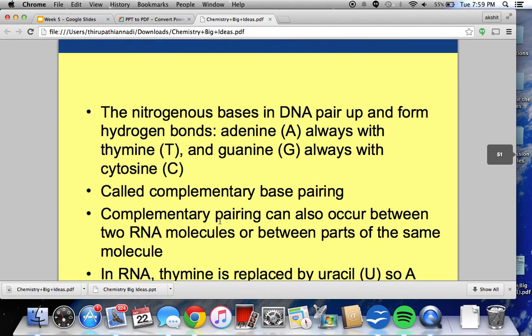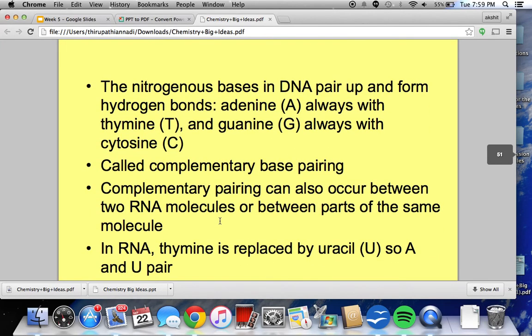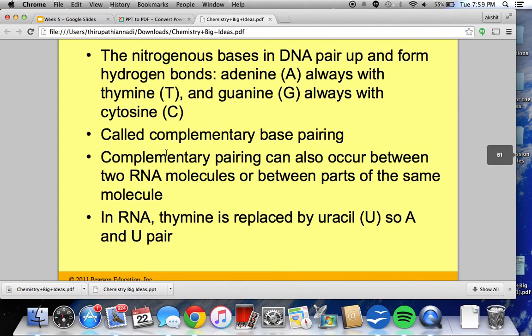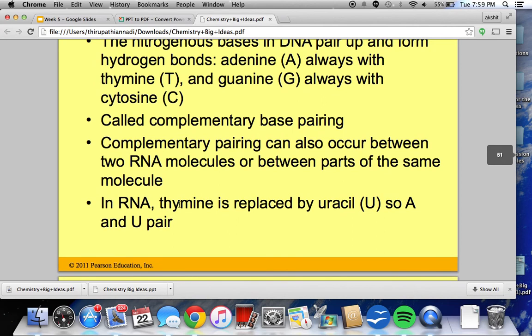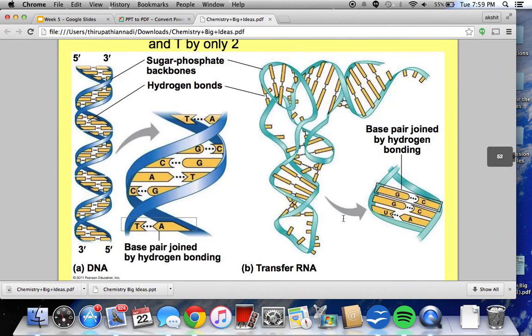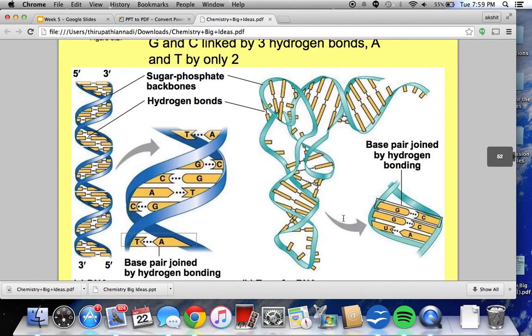And again, I'm sure you guys already know this from other bio classes, but adenine pairs with thymine, guanine pairs with cytosine, and in RNA, as I said before, thymine becomes uracil. So A and U pair up. As you can see, this is just a picture of DNA.